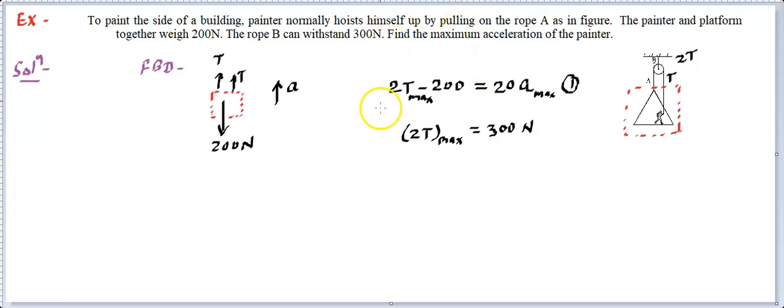That will become your final answer. So this will be 300 minus 200 is equal to 20 into A max, taking the entire system together. So A max will be equal to 100 by 20, that's 5 meter per second square.